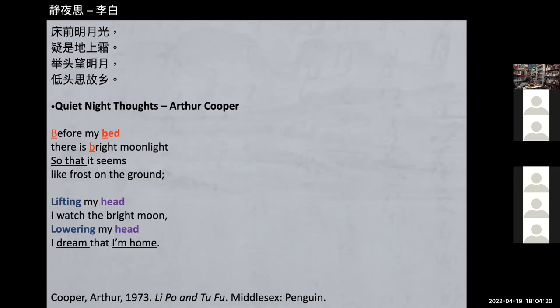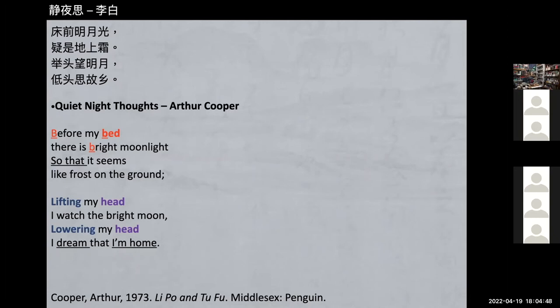Lifting, lowering, both of them start with L, another alliteration. So lifting my head, lowering my head, perfect rhythm in English. And then I watch, I dream, perfect parallelism. So it's matching the rhythm in the original Chinese text.